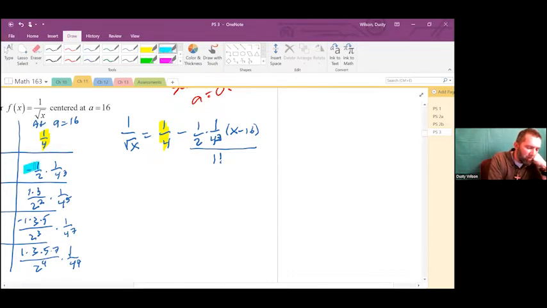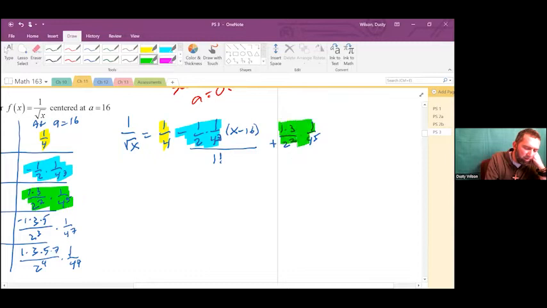And so that's this bit right here. And then we can add in 1 times 3 over 2 squared times 1 over 4 to the 5th. So that's our third function. But then we're going to divide that by 2 factorial and multiply it by x minus 16 squared.